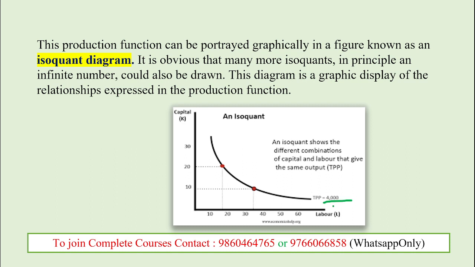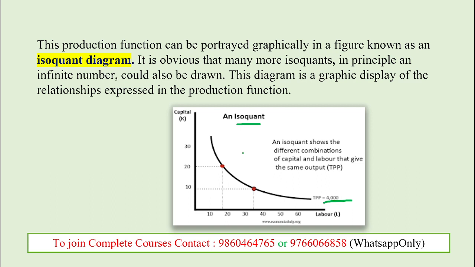From this we can understand the concept that different combinations of capital and labor give the same amount of output, which is denoted by an isoquant. So an isoquant is a different combination of capital and labor that gives the same output.